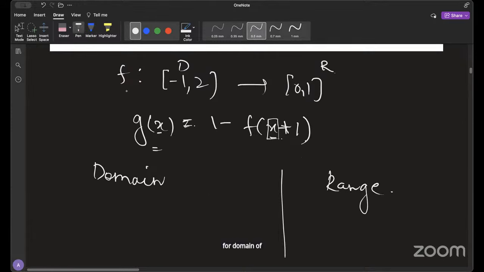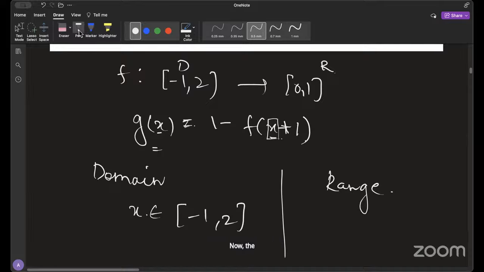Because we know that for the domain of f, x should be in between -1 and 2.